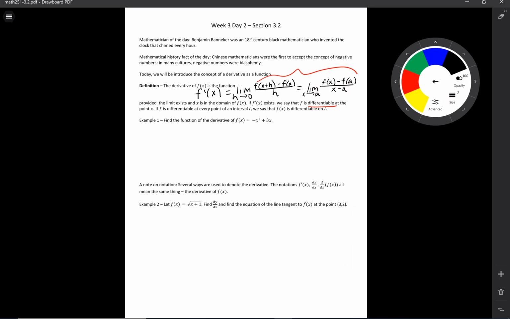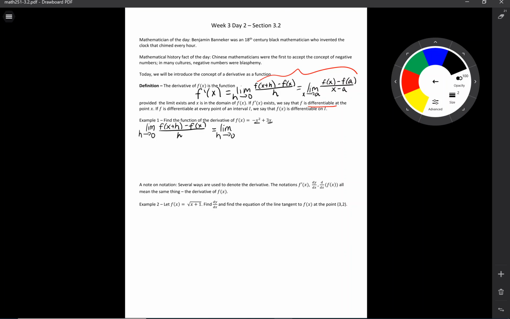So I'm going to use the first definition, the limit as h goes to 0 of f of x plus h minus f of x over h. Okay, so this becomes the limit as h goes to 0. Wherever I see an x in my function f, I'm going to replace it with x plus h for this first term.